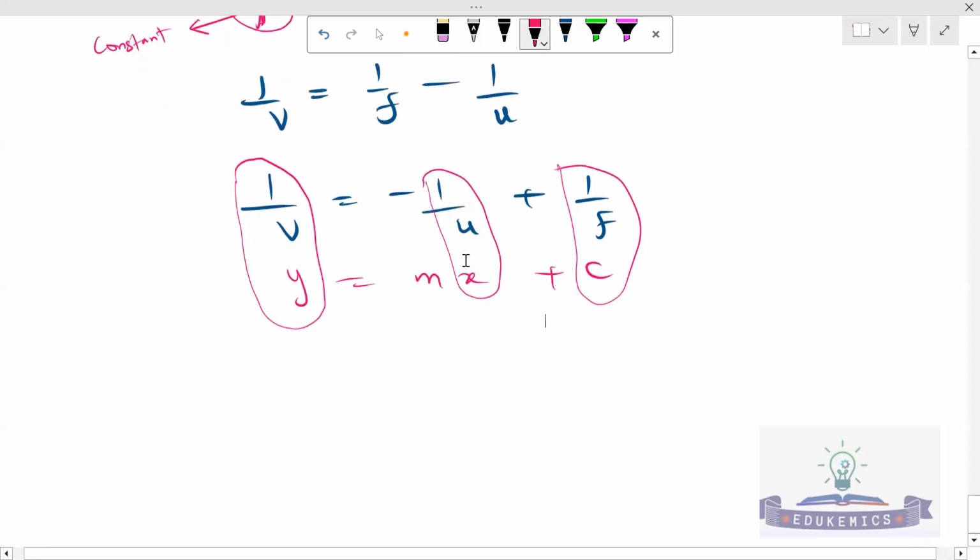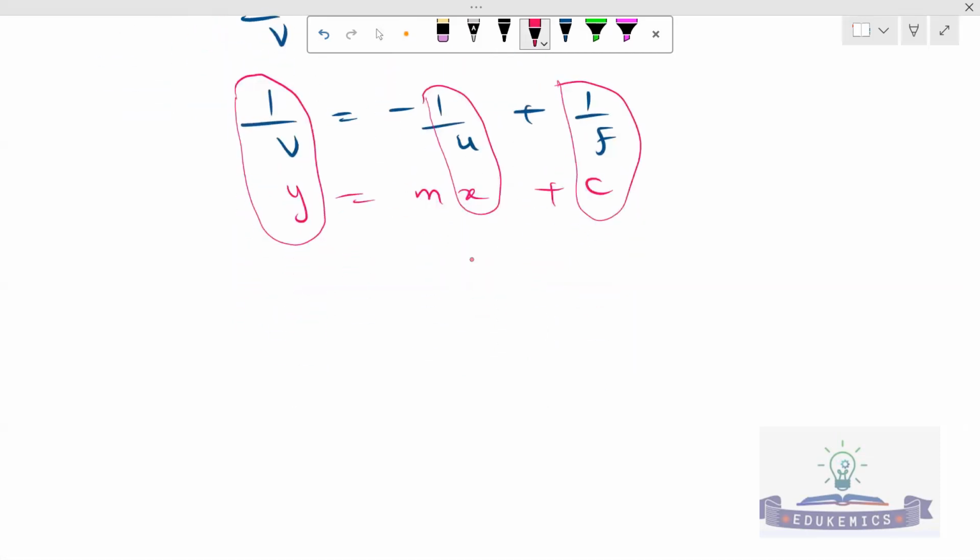So what we have now is that our slope m is minus 1, and the intercept c equals 1 over f.